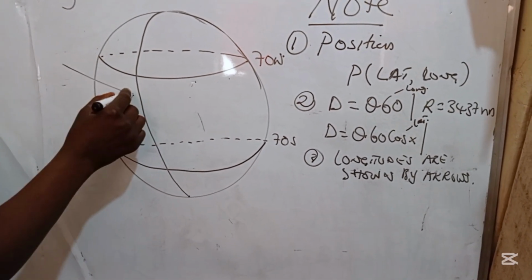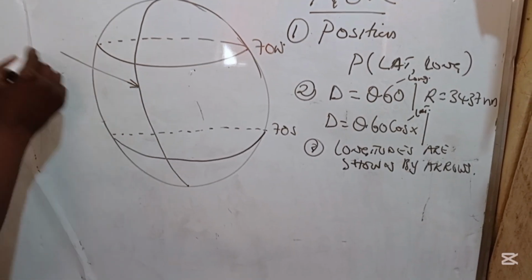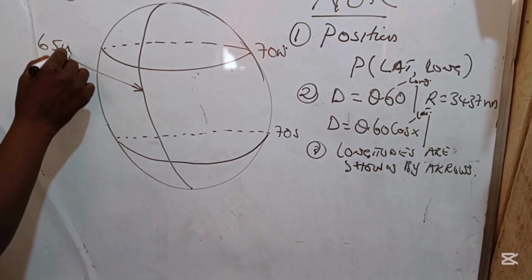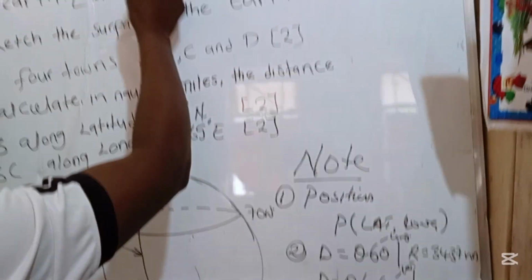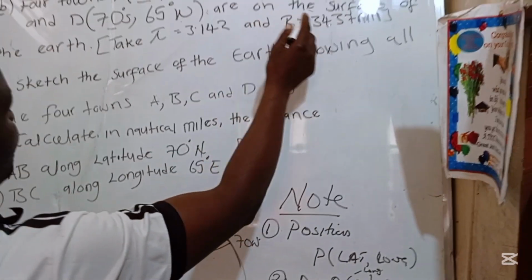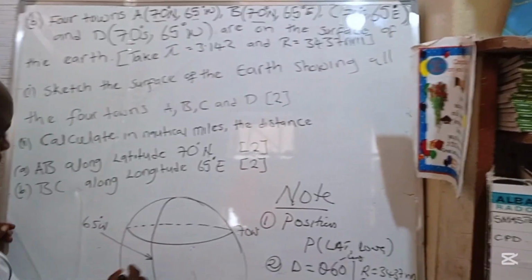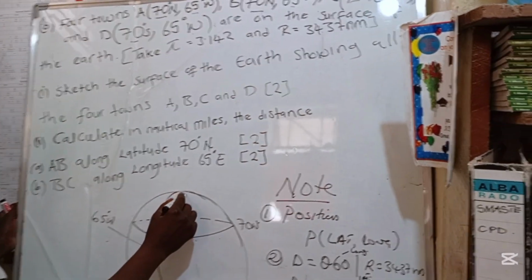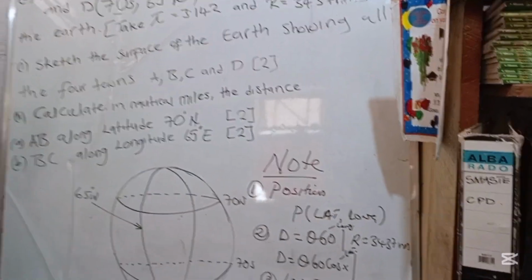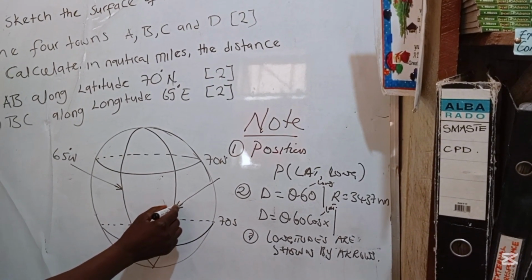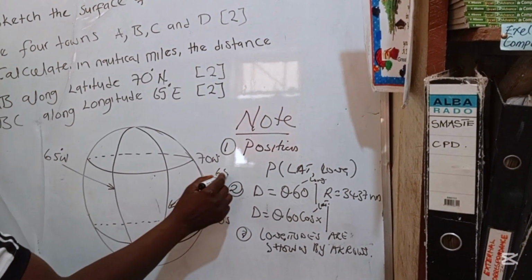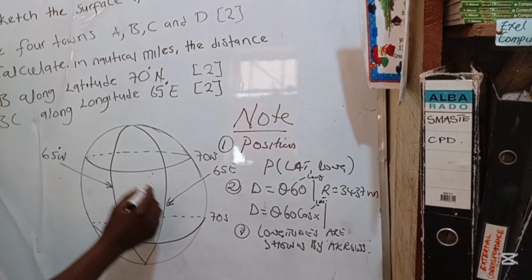It is shown by the arrow, and it says 65 west. Why have I said west? Then we've got another 65, shown by an arrow, and you show that this is 65 east.